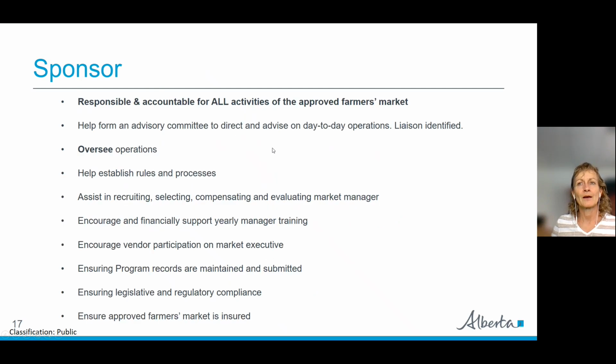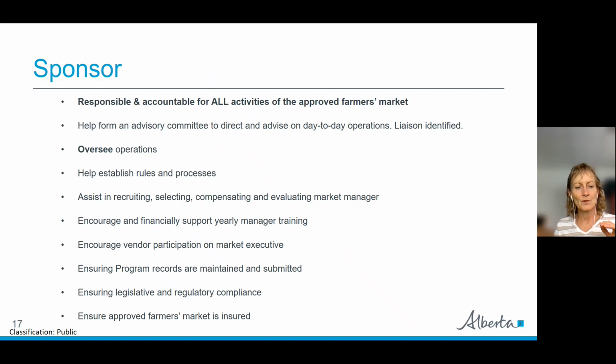So your sponsor, for those markets that are sponsored by a not-for-profit community group, and that's how they achieve their nonprofit status. So we're looking at markets who have an ag society as a sponsor, or a local community club like Elks, Lions, Legions, Kinsmen, Chambers of Commerce, municipalities. Those markets have an overseeing organization above them, and that organization is responsible and accountable for all the activities within that approved farmers market.